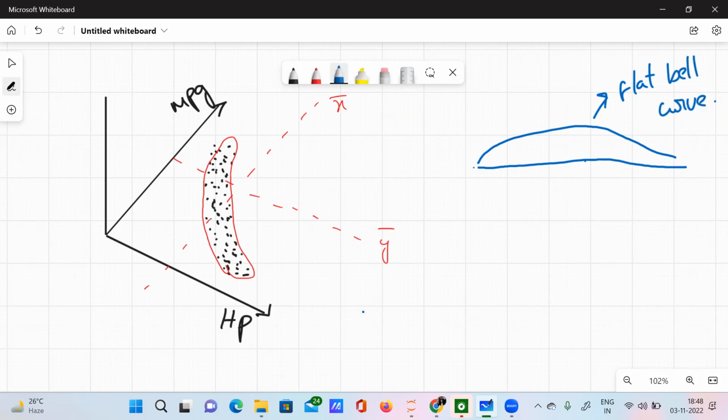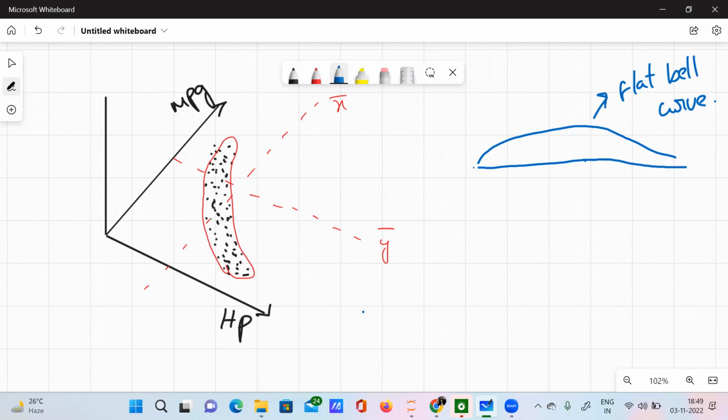This indicates that there is some kind of correlation between the two variables, right? By just looking at the shape of this data, we can clearly say that this has a strong negative correlation. Why?